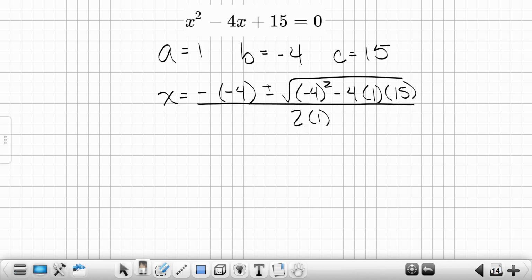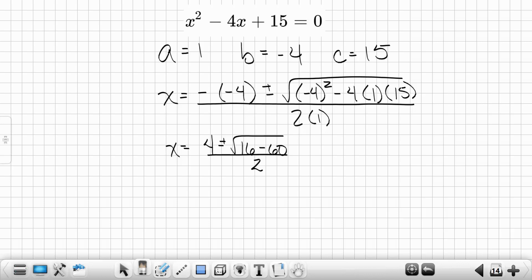So we're going to go ahead and simplify this. Negative 4 makes positive 4, plus or minus the square root of 16 minus 60 all over 2. Oh, we're almost done already. We're just going to simplify this, Destiny, and then simplify the square root.